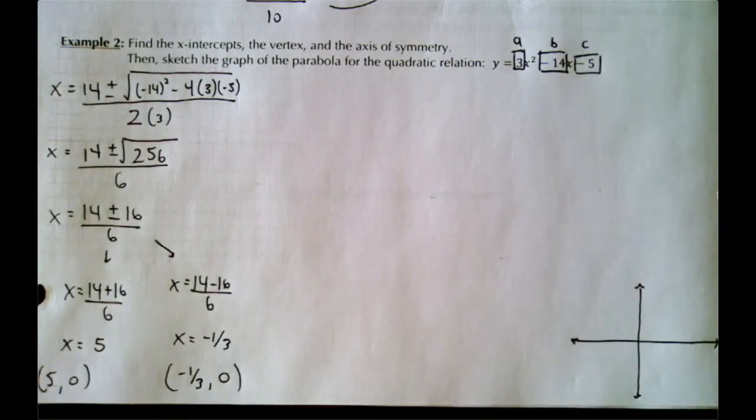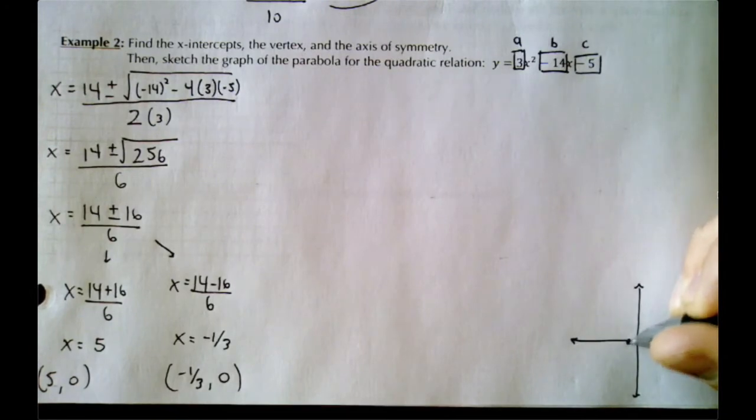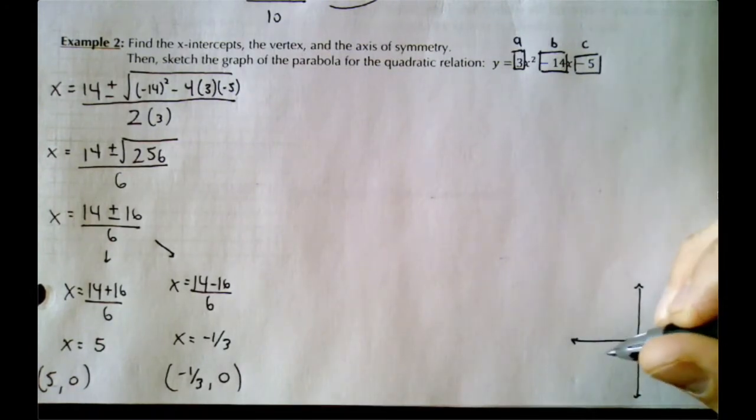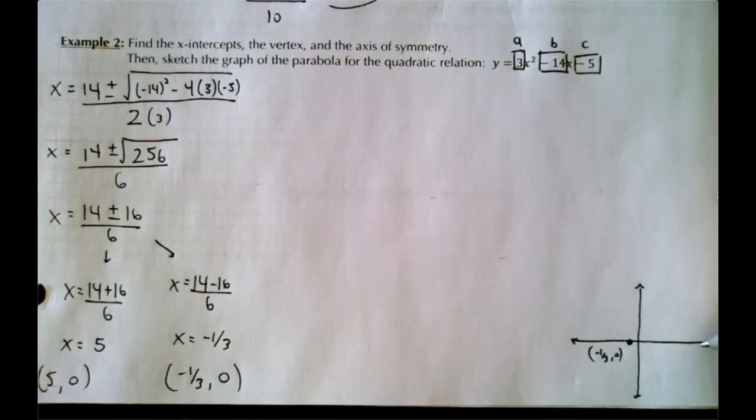And I'm not going to put a scale on it because it just says sketch, but I am going to label every point I put on my graph. So there's a dot for our -1/3, 0, our x-intercept, and here's another dot for my 5, 0 x-intercept. All right, we've got our x-intercepts on there.